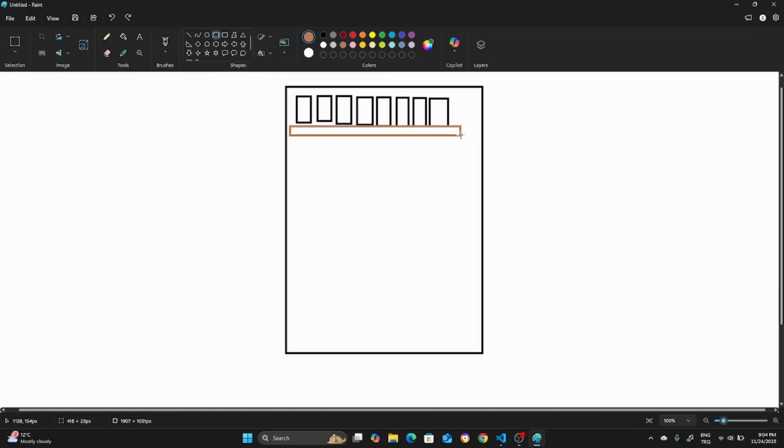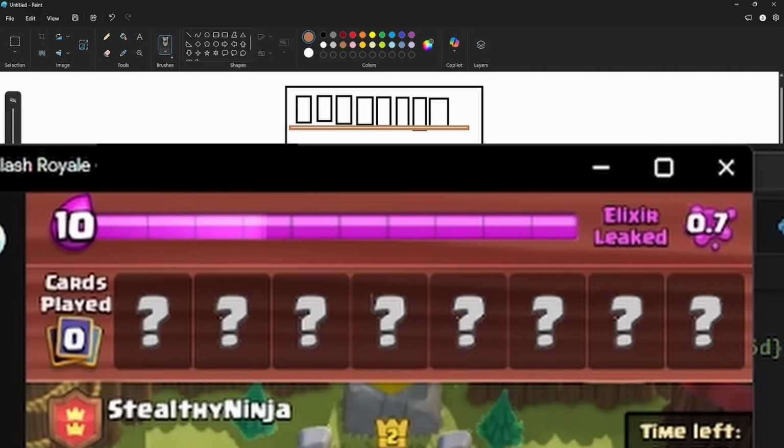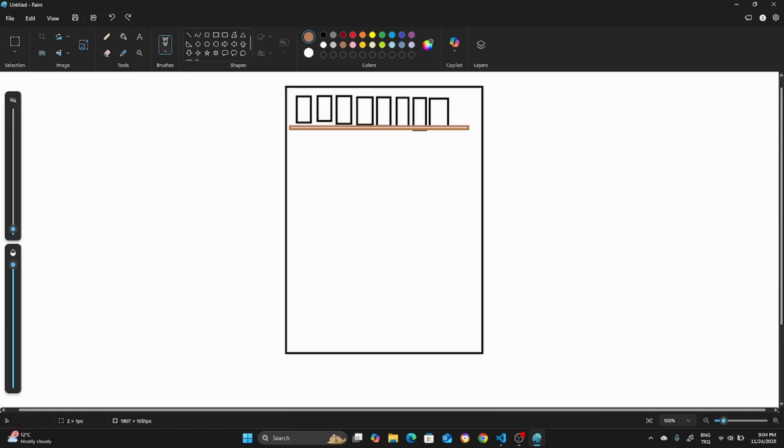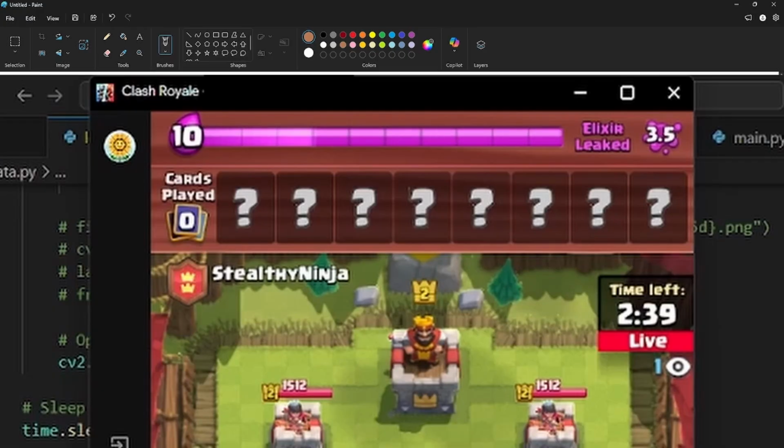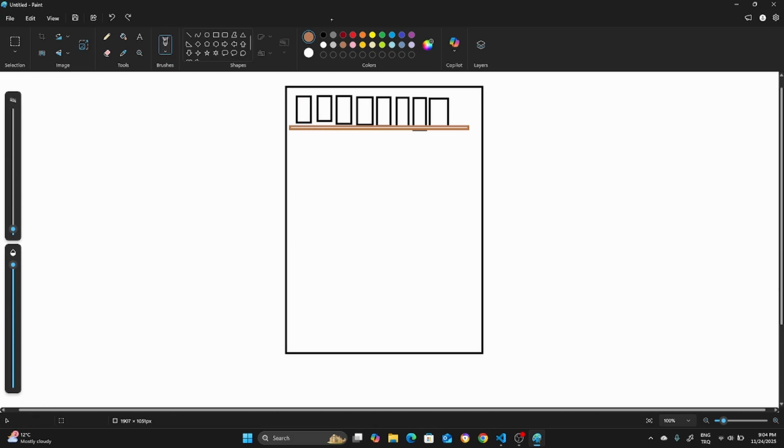Like there's a small tiny brown surface, right? By default that is brown, but when our opponent places a card, as you saw in the footage, it gets bigger, and this brown surface is no longer brown. It is a different color.